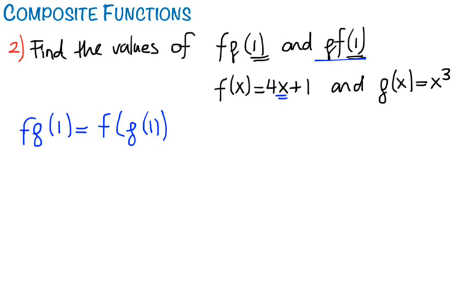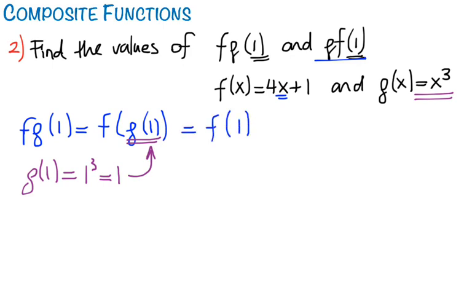So you can just calculate g of 1 by using the expression here. g of 1 is 1 cubed, which is 1. So instead of writing g of 1 here, now I can write down its value. So it's going to be f of 1. Now if I substitute 1 into f, it's going to be 4 times 1 plus 1, which will be 5. Again, we find the same answer.